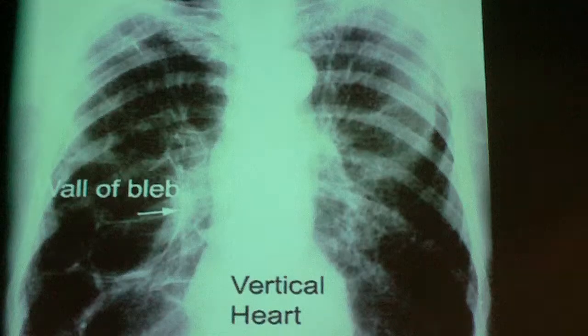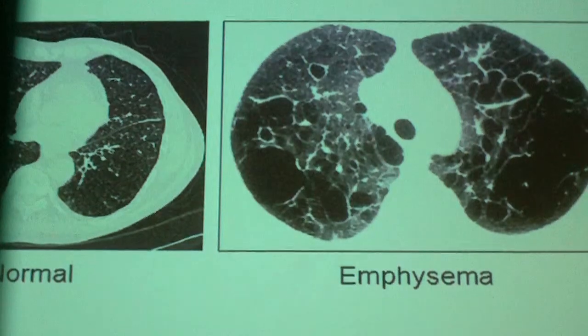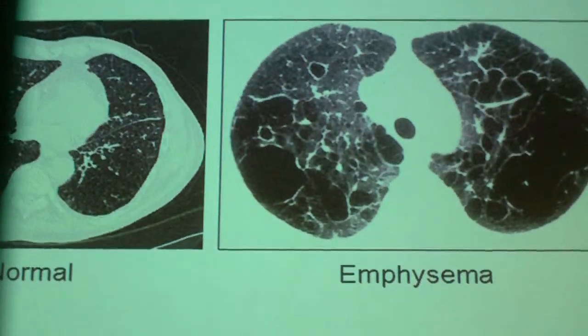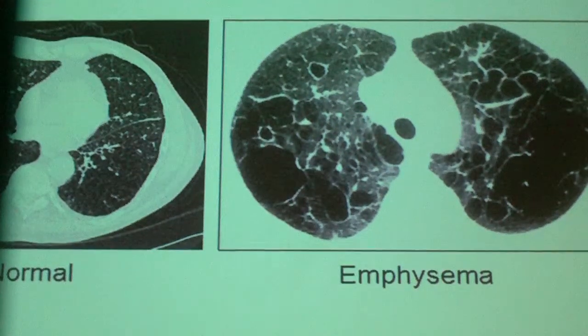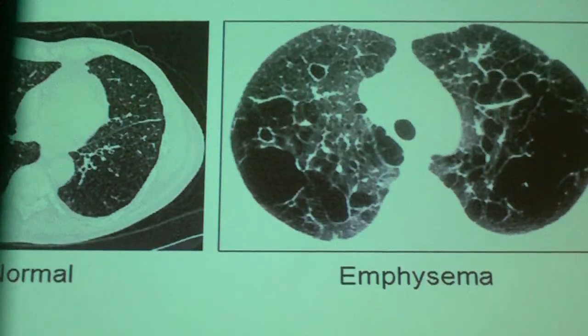But we don't use normal chest X-rays that much for diagnosing or imaging emphysema, because CT scans of the lungs, the high resolution CT scan as we use it in clinic, is much easier and gives much more beautiful images. As you can appreciate in a patient with emphysema, there is a large destruction of the lung parenchyma.